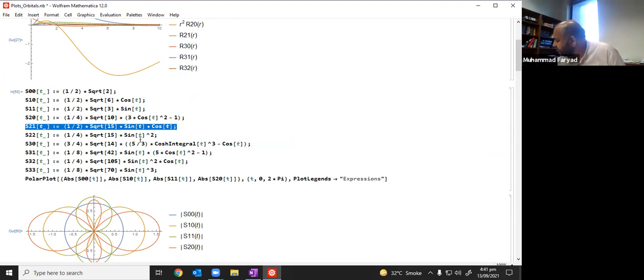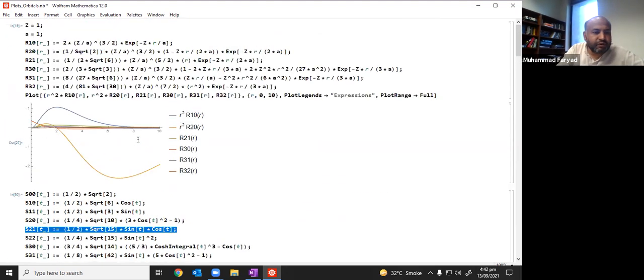Is this S21 15 sine cos? Yes, okay. Let's check the R32.